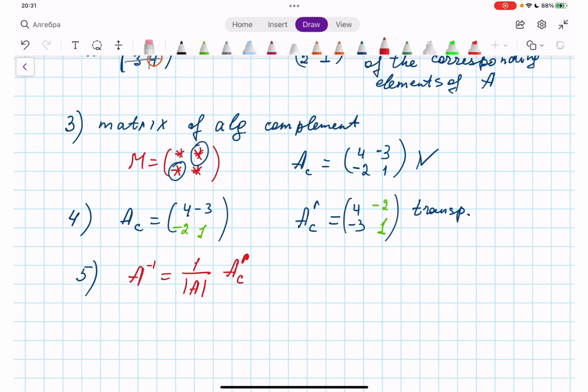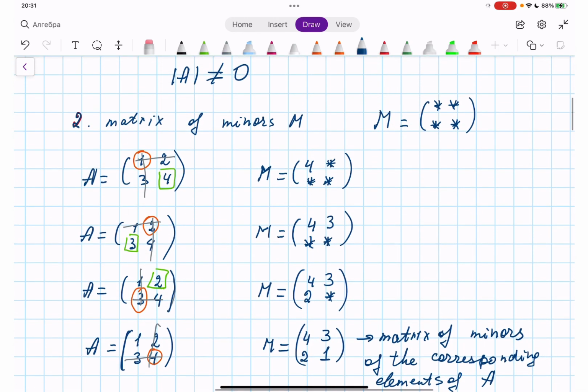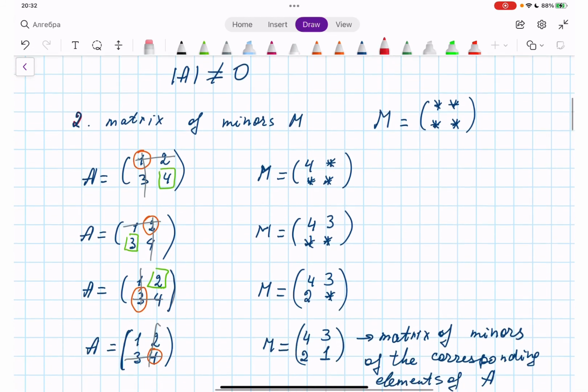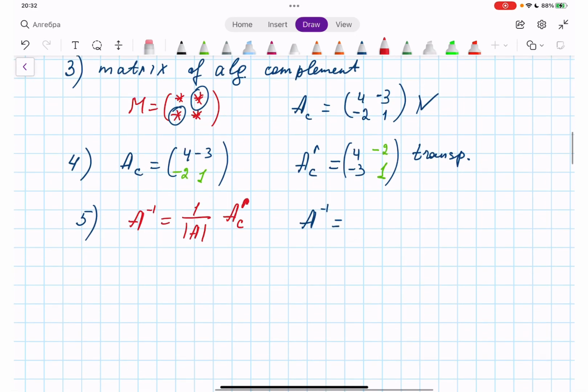So what do we have? The inverse is going to be equal to our determinant, how much was it? Here it is, negative 2. So we are going to have negative 1 over 2, right? And our transposed is going to be 4, negative 3, negative 2, and 1.